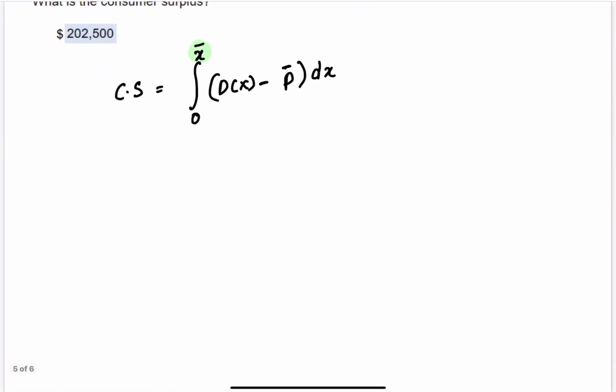The consumer surplus is given by this integral here, where p is your current price and x is the quantity demanded, and this x bar is the current demand of your product. So this is your current demand and this is your current price.